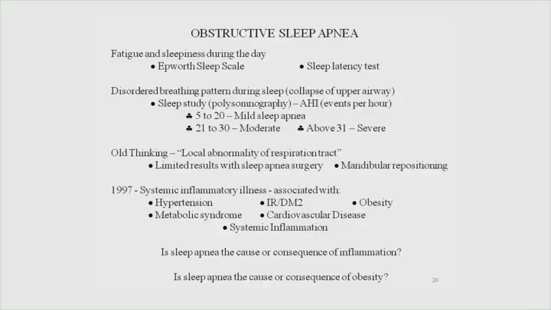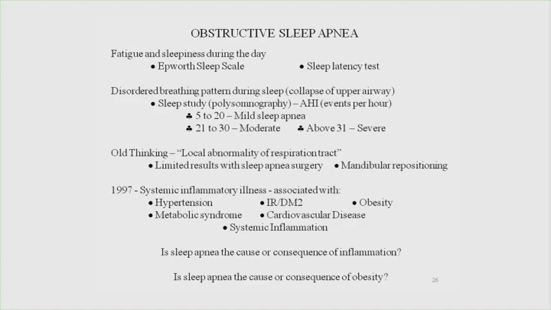So we can measure the severity of your sleep apnea, and then to confirm sleep apnea, you spend the night in the sleep lab, undergo a sleep study. It's technically called polysomnography. We look at your AHI, apneic or hypopneic events per hour. If it's 5 to 20, it's mild sleep apnea. 21 to 30, it's moderate. Above 31, it's severe.